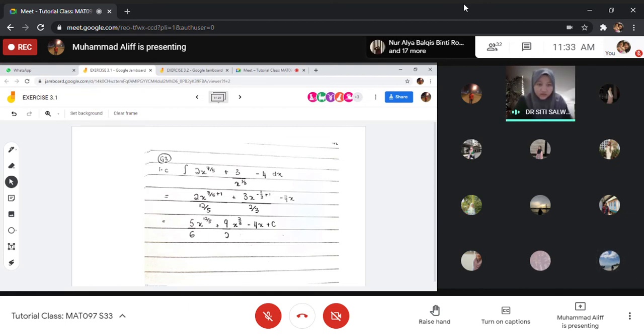Actually this one is simple. You integrate term by term, each term one by one. Look at the second term: the power 1/3 is in the denominator, so you bring it as numerator, and we change its sign to a negative sign.